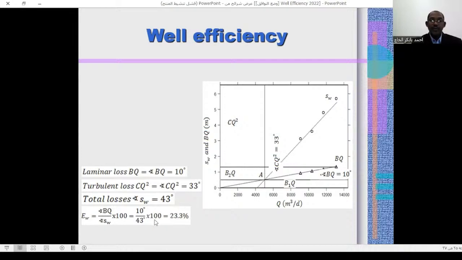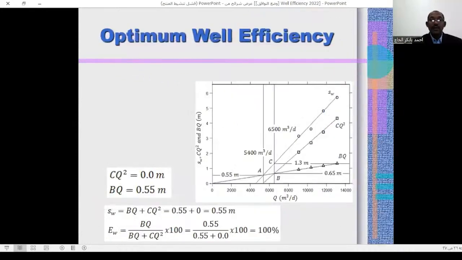After that, well efficiency equals 23.3%. Second method, angle: optimum well efficiency. How to calculate the optimum well efficiency depending on the cross between aquifer loss and total loss in point A.